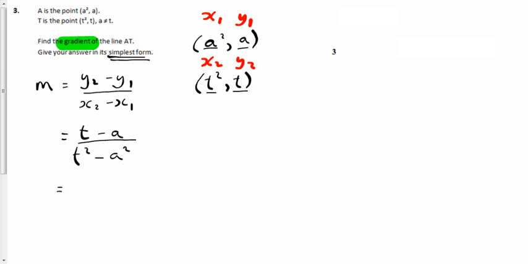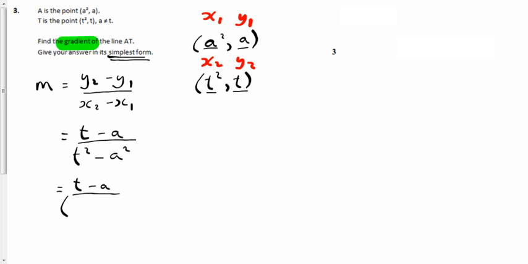Algebraic fraction, looking at the top, t minus a. There's not much I can do with t minus a, but the bottom should look very familiar. The bottom, t squared minus a squared, that's the difference of two squares.